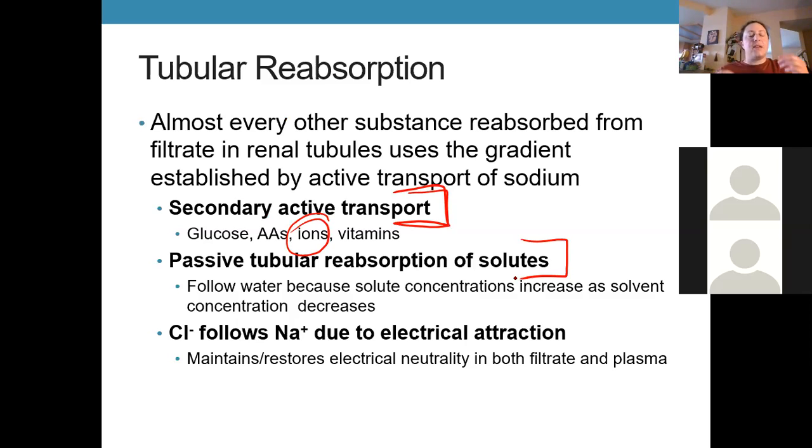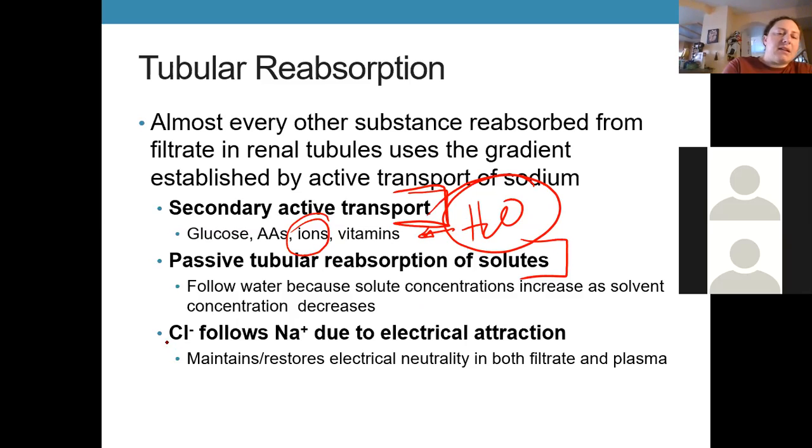So water then follows the secondary active transport. As we reduce the amount of water in the lumen of the tube, other solutes, their concentration, relatively speaking, increases. So then they end up moving into the cell because the water left too. So now their gradient favors movement into the cell.